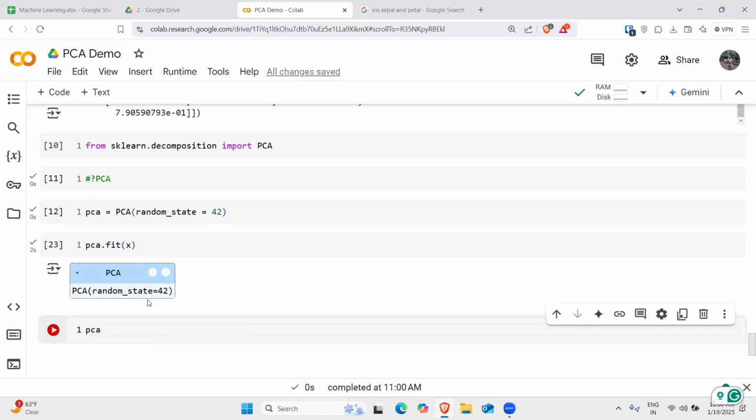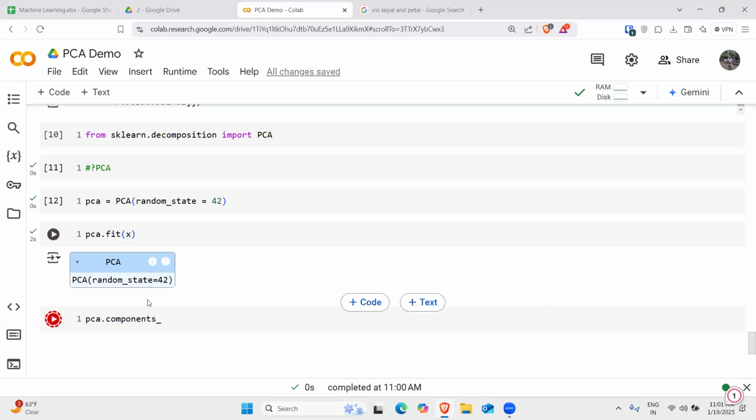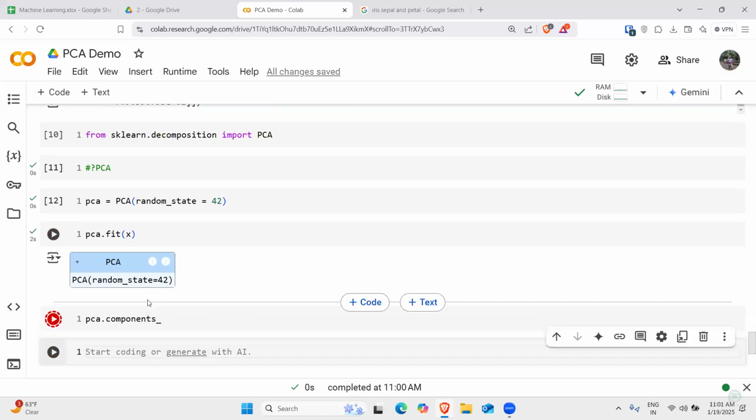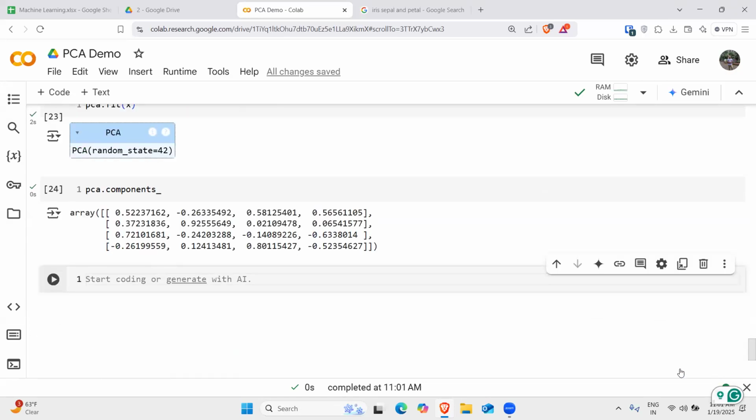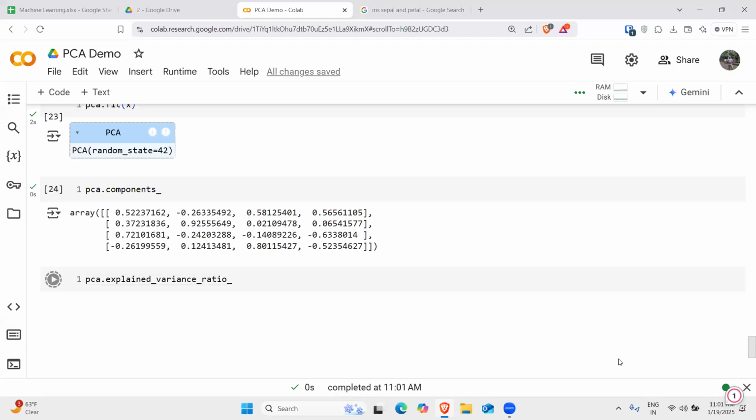Right? And if you write down PCA dot components underscore, and you'll write on PC dot explained variance ratio underscore.